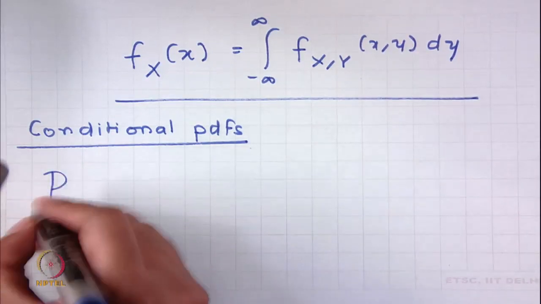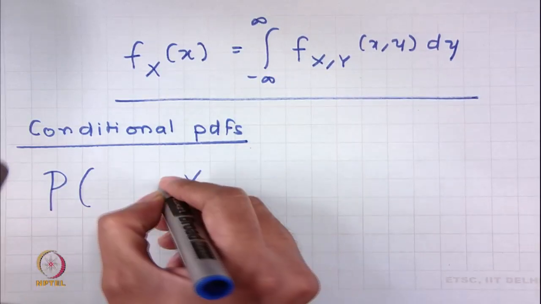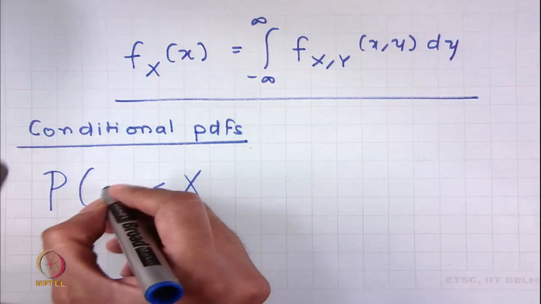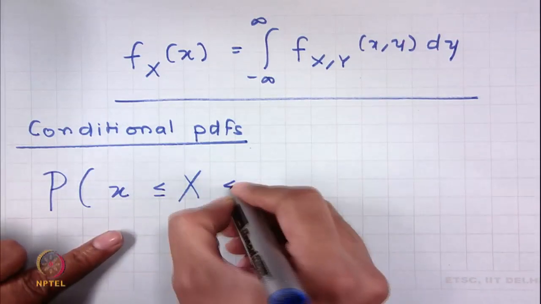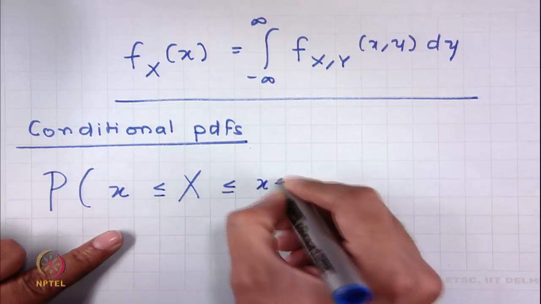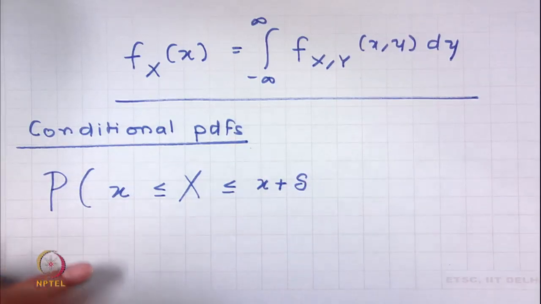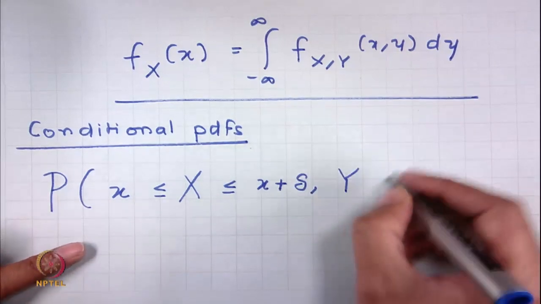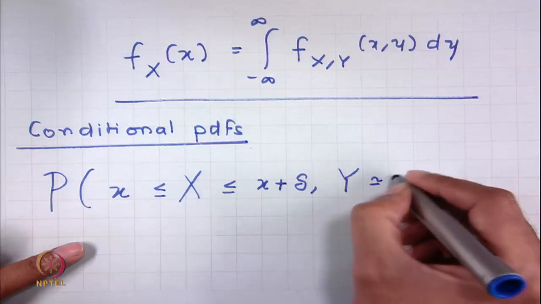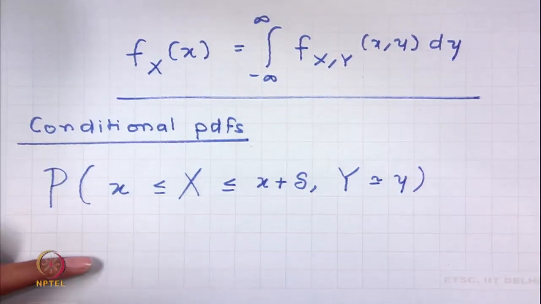If I am interested in finding the probability that random variable x takes a value between x and x plus delta, but now I have been given additional information, and that information is that random variable y takes a value close to y. Okay.